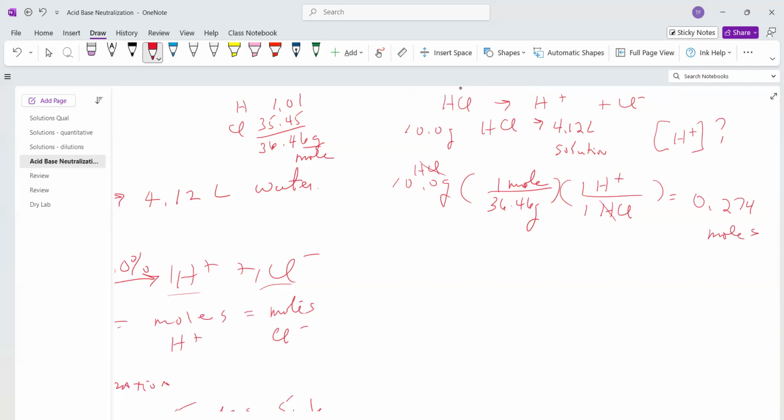Okay, so that's the moles of hydrogen ion we have in there. How many moles of HCl are in there? Zero. There's only H and Cl in there. No HCl.